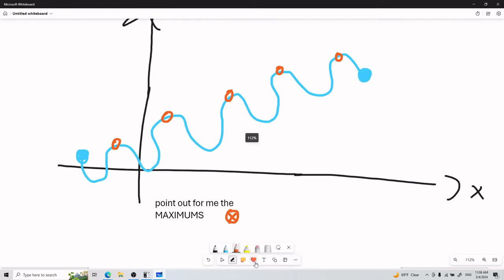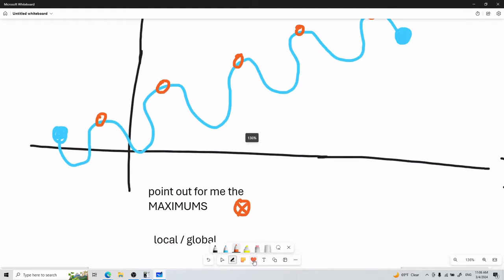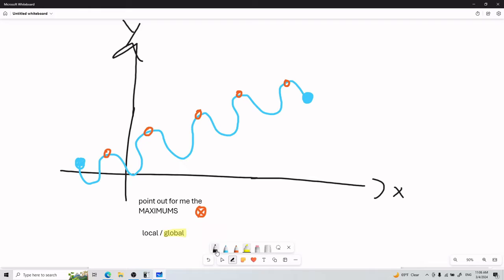Now, maximums and minimums can be defined in two ways. You have what they call the local, which is what shows up in this exercise, and you have the global. And so following that intuition, I think it's easier if we start with the idea of the global. So the global maximum is going to be the biggest maximum. And so what is the biggest maximum? The biggest maximum is going to be this guy here.